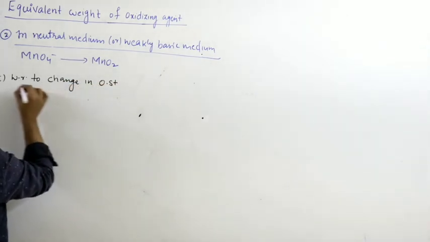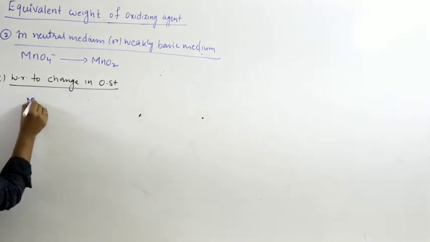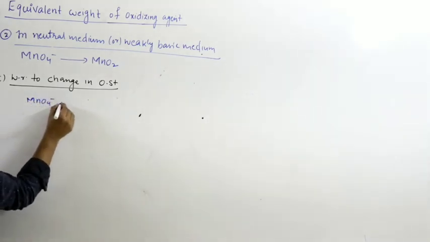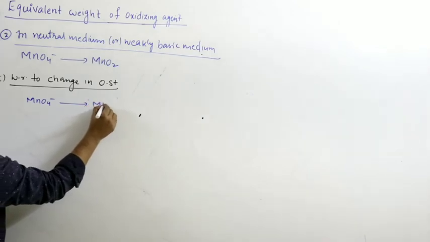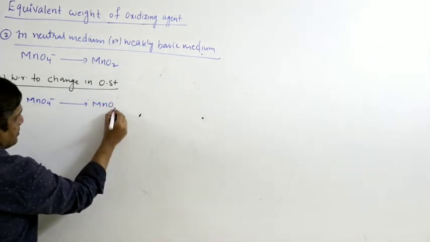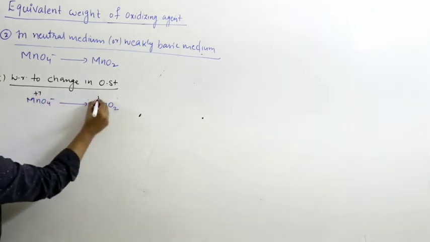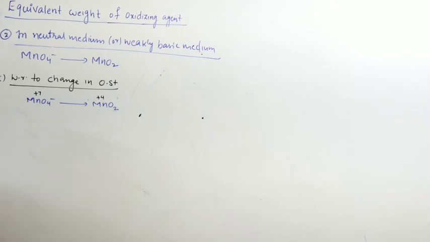In neutral medium or weakly basic, MnO4 minus changes to MnO2. So find the oxidation states. Plus 7, here it is plus 4. Right? 2 oxygens, 2 into minus 2. So it should be plus 4.